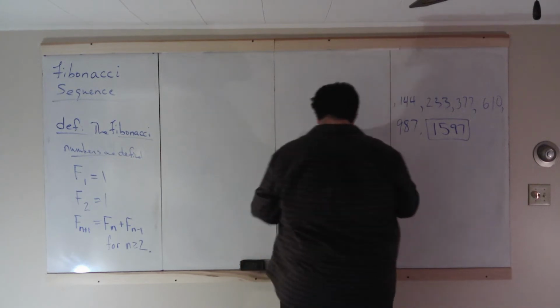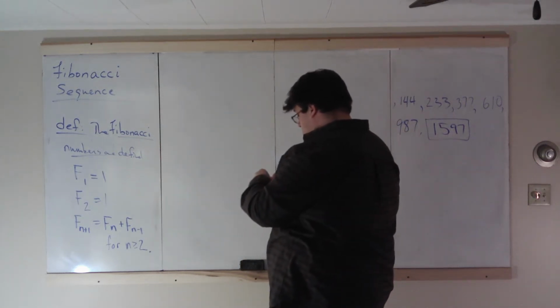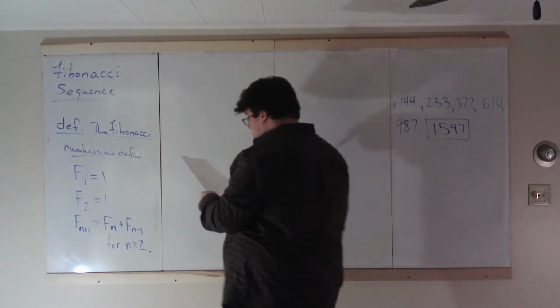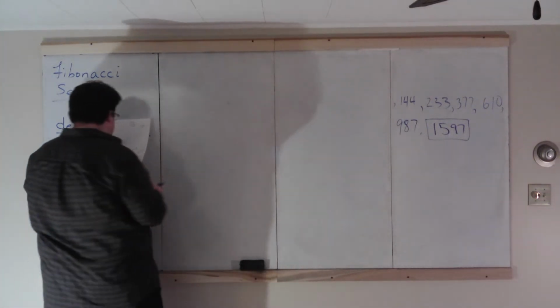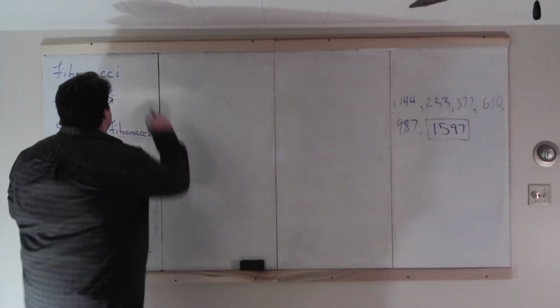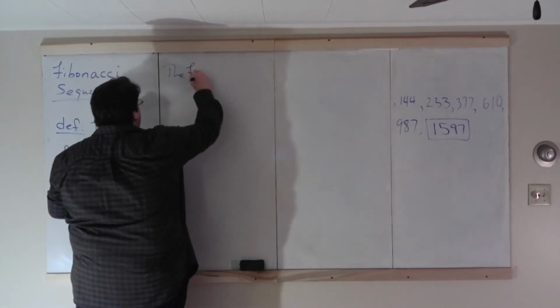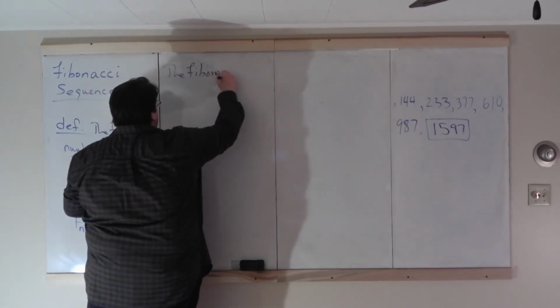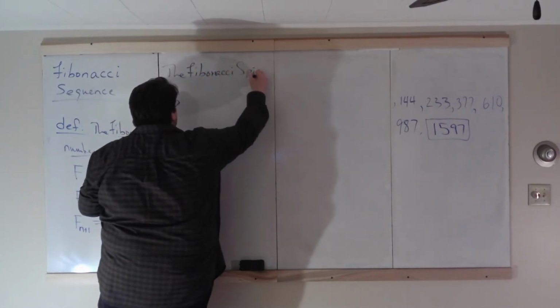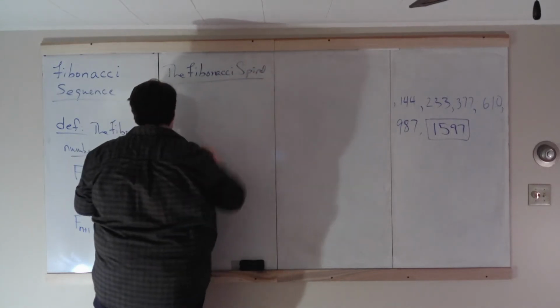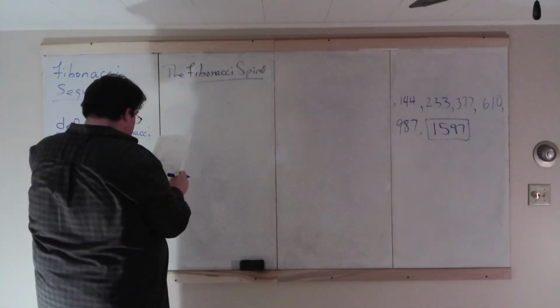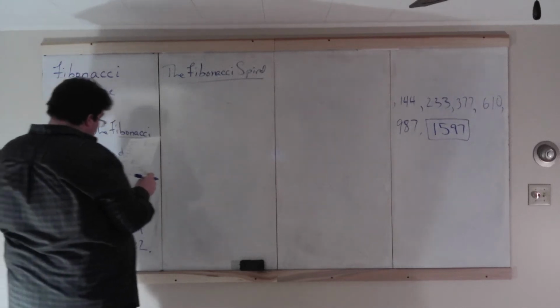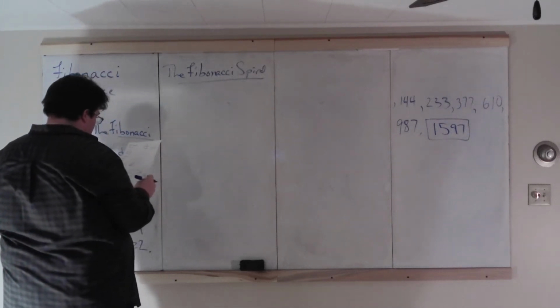Let's do it on this board. How are we going to start it? Fibonacci spiral. Let's start with two 1x1s.